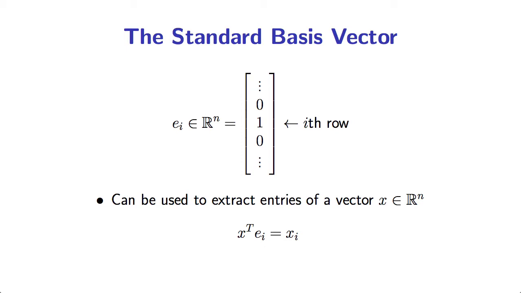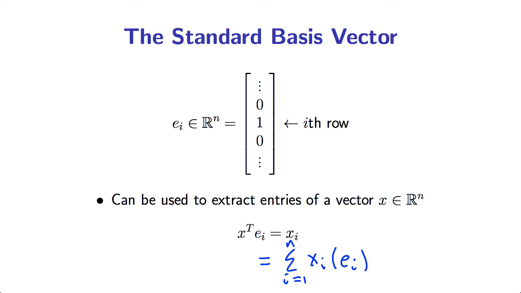This can be useful in many ways, but one example will be to extract entries of a vector or maybe extract columns of a matrix. So for example, if we have a vector x in R^n, then x transpose e_i, the inner product of x and e_i, would be equal to the sum from i equals 1 to n of x_i times e_i.